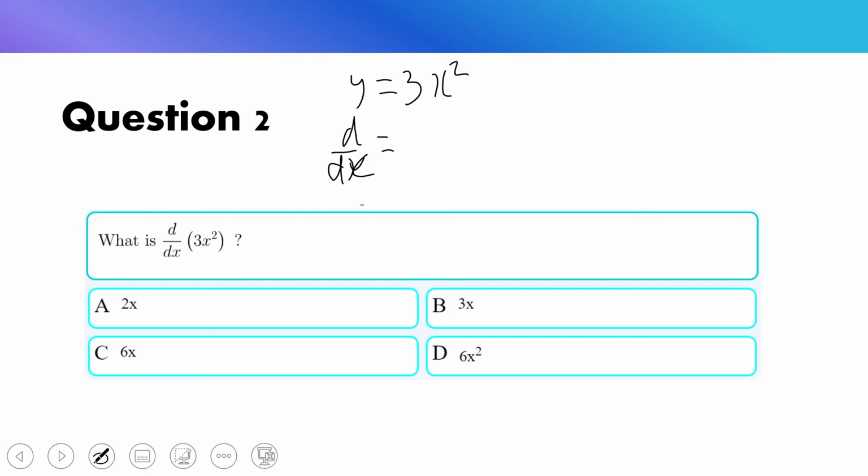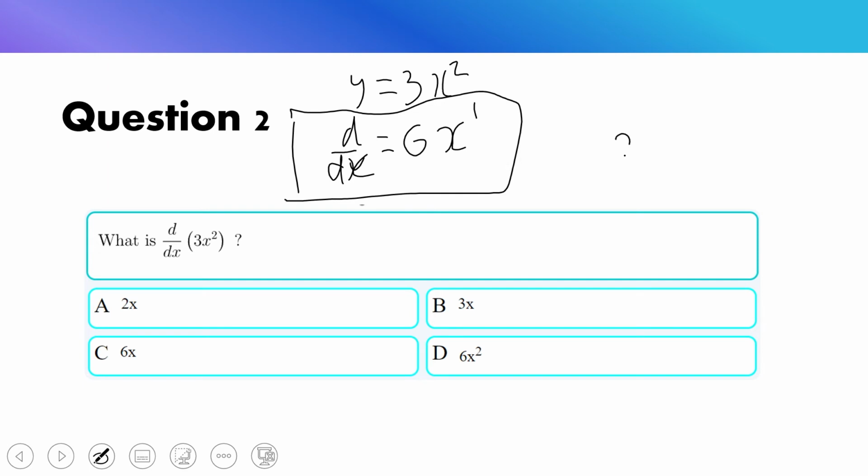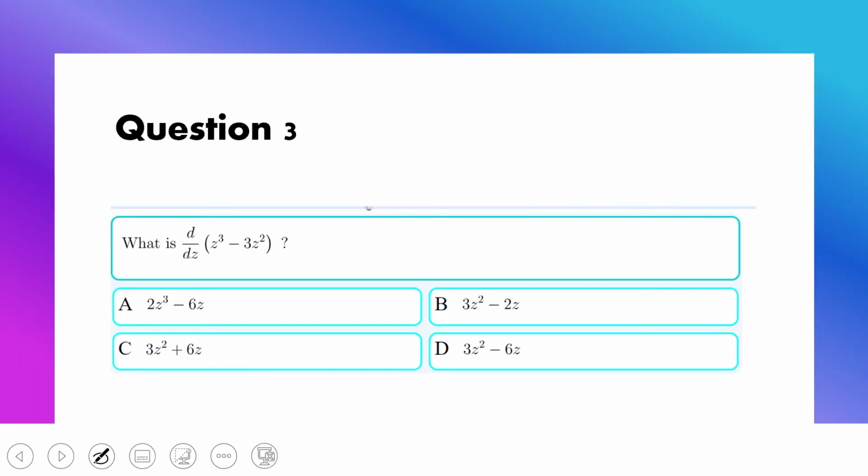So the power rule states that you multiply the number in front of x by the exponent. So 3 times 2, which is just 6, and then you take away 1 from the exponent. 2 minus 1 is just 1. So you found the derivative is 6x to the power of 1. And you know that x to the power of 1 is just x, right? So the answer is C. Let's go to the next question.